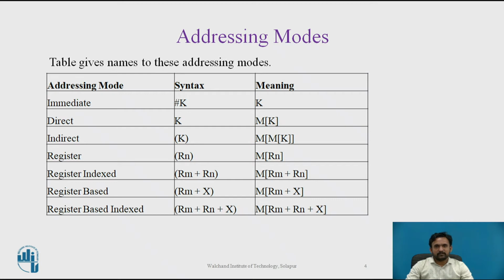If you look at the different addressing modes, immediate addressing allows a reference to a constant that is known at assembly time. The next one is direct addressing. It is used to access data items whose address is known at assembly time again.